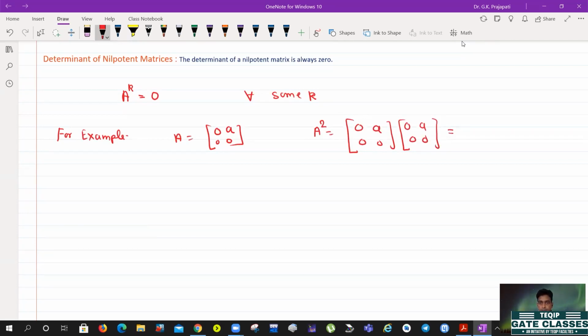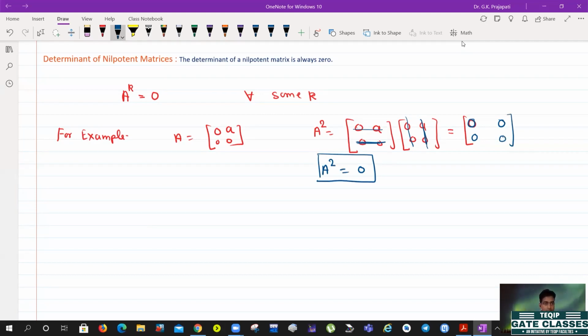Then we get 0 for the first row, second column, and again we multiply the second row with the first column, which will be 0, and next the second row with the second column, and it will be 0. So we can see that A square equals 0. Therefore this is a nilpotent matrix.